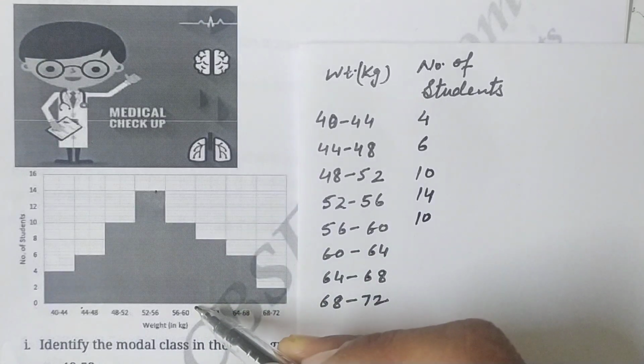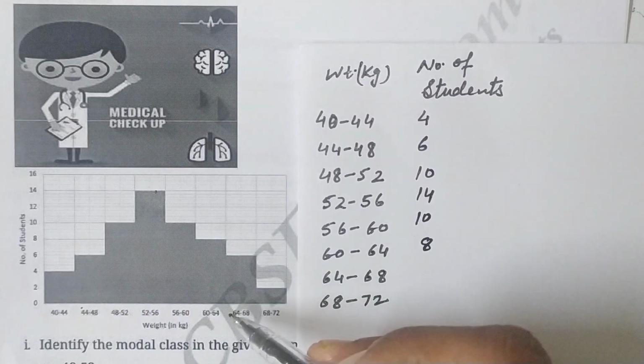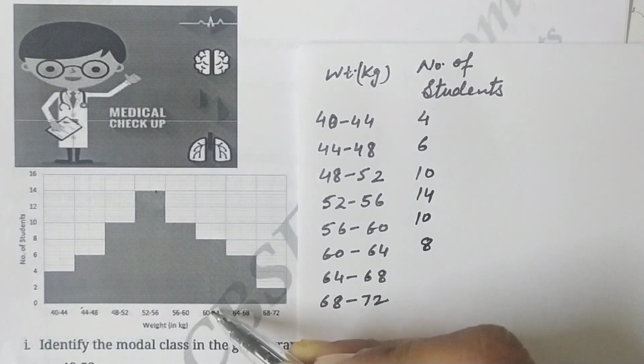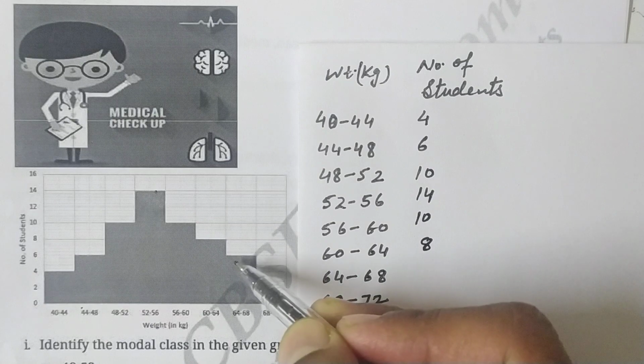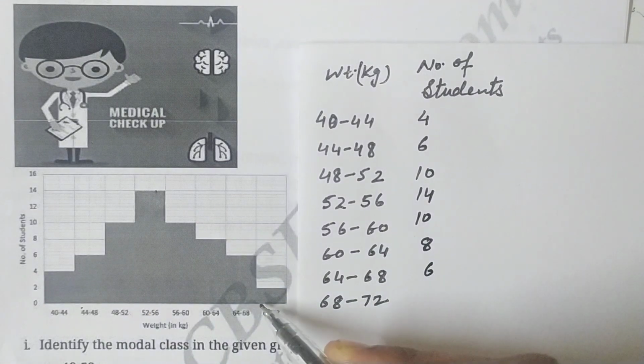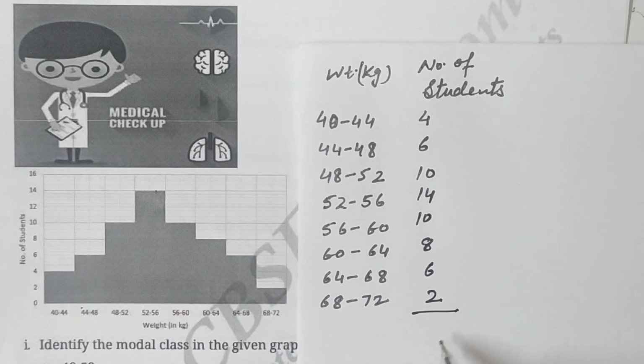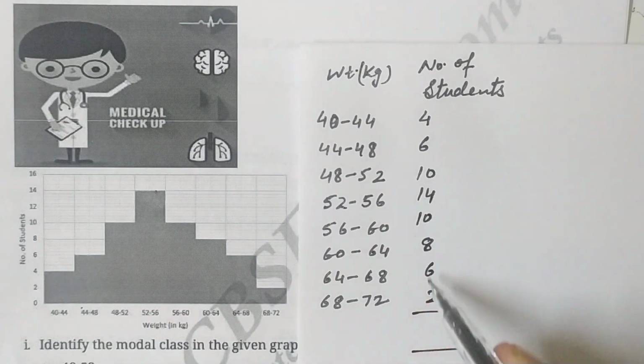Then 60 to 64, there are 8 students. And then 64 to 68, there are 6 students. And 68 to 72, there are just 2 students. And these total students are 60. If you add all of these, they are 60 students.